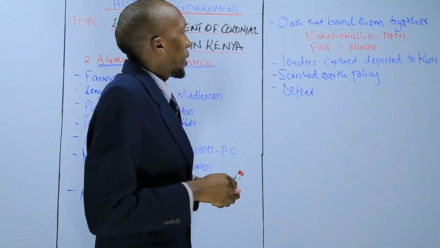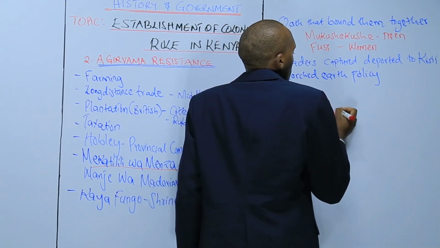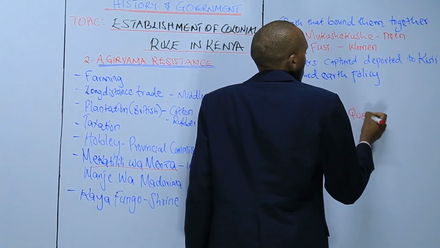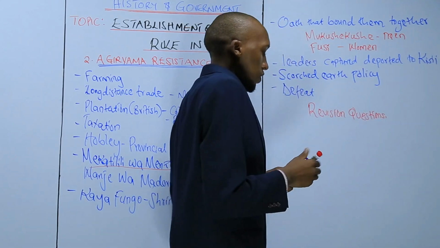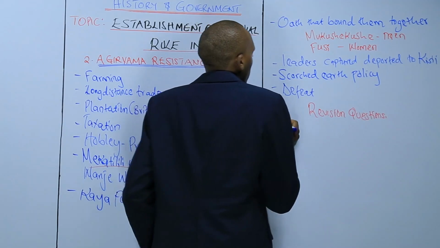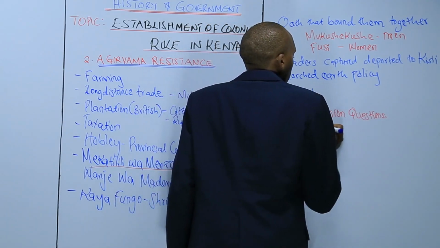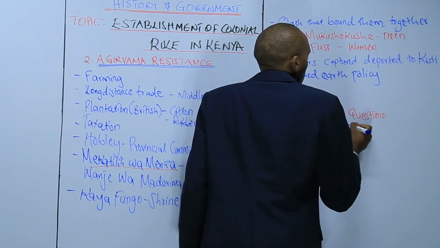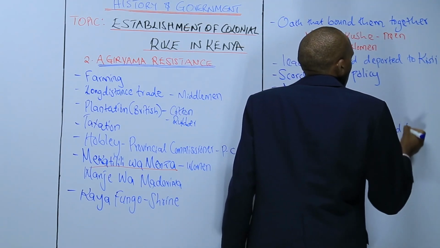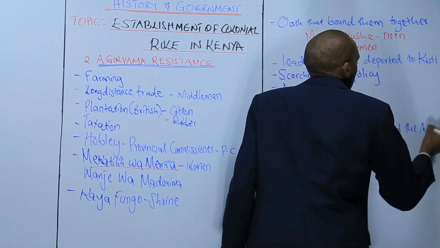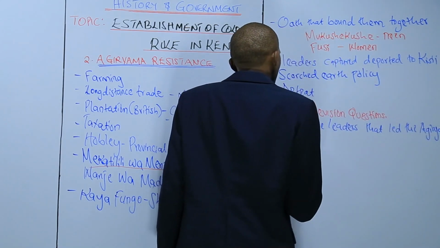So as we end our lesson today, here are revision questions. Number 1, identify the leaders that led the Agiriama resistance.